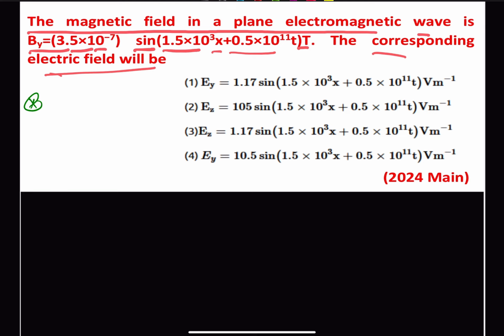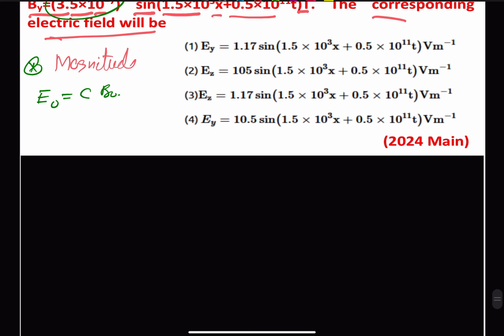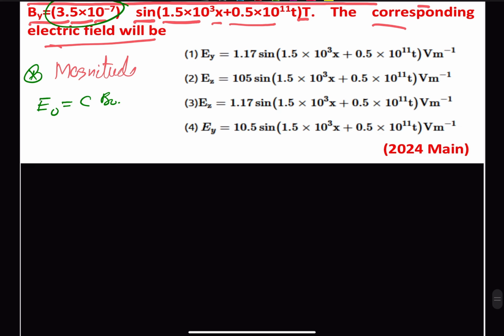So we know that E naught, let me write here magnitude, is equal to C times B naught, and B naught is 3.5 into 10 to the power minus 7.